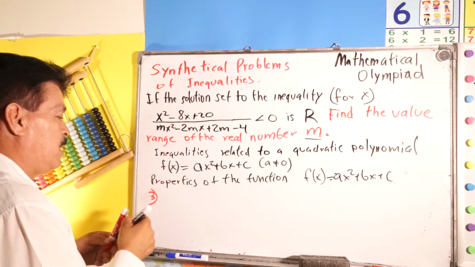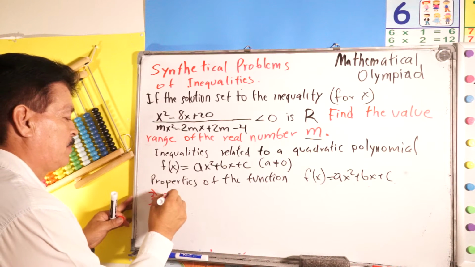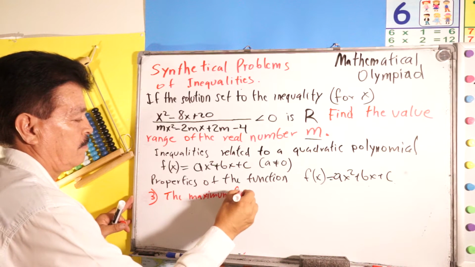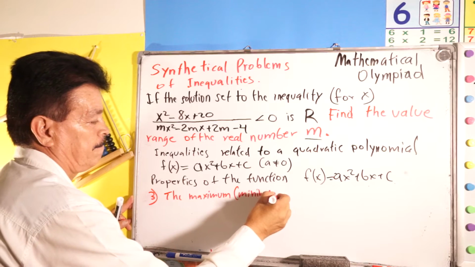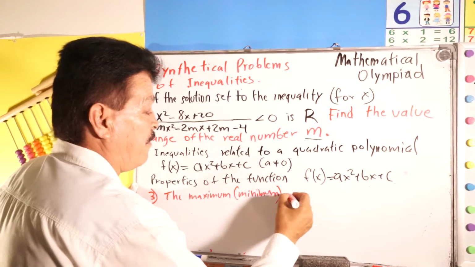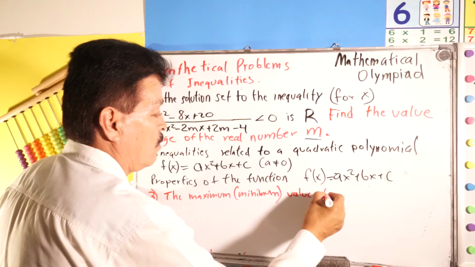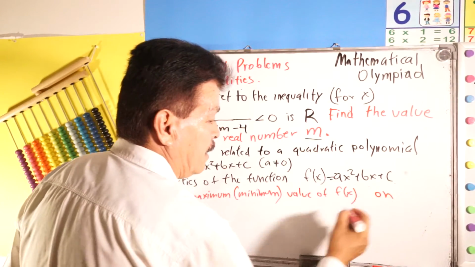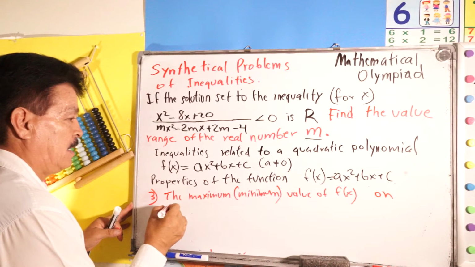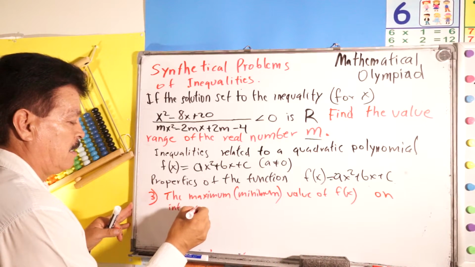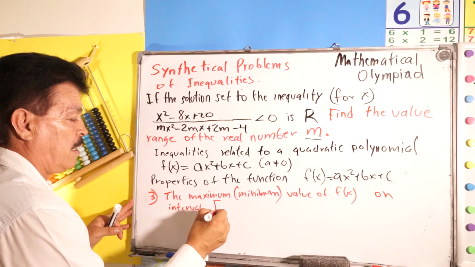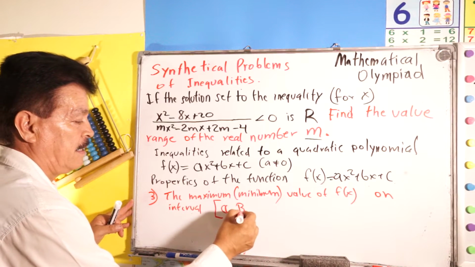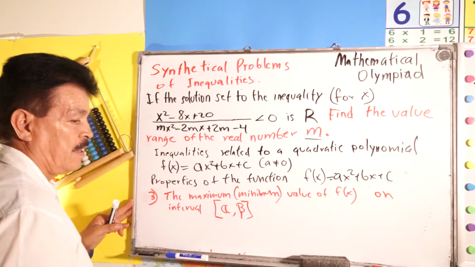The maximum and minimum value of f(x) on the interval [α, β].